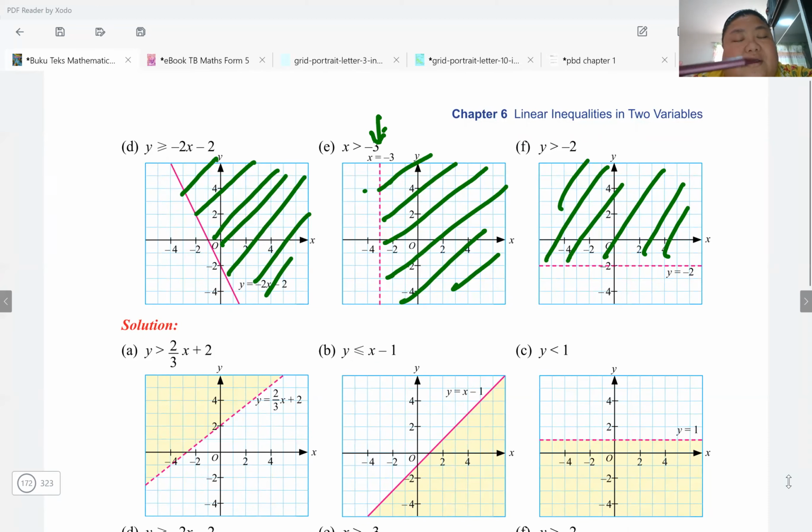If we have a vertical straight line like this and it's greater than this line, you have to take the one on the right side. If you have y greater than negative 2, this is your straight line, and greater means you have to shade the one above the straight line.